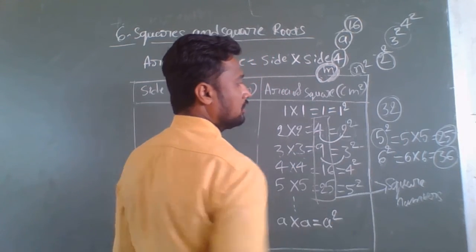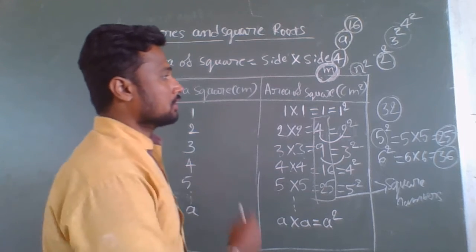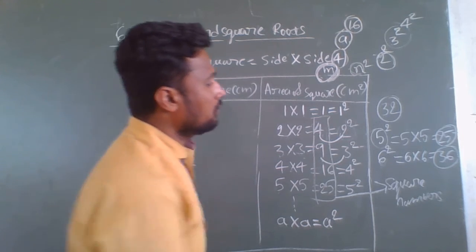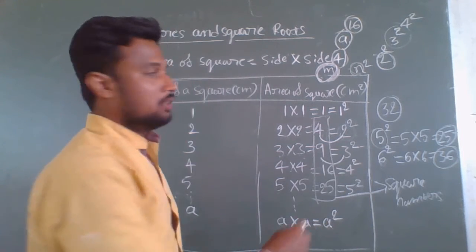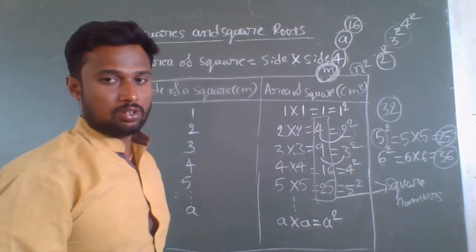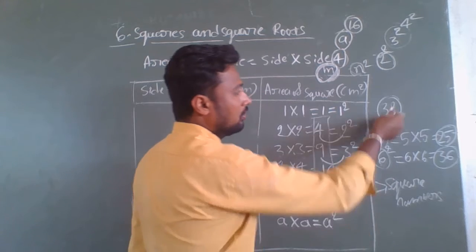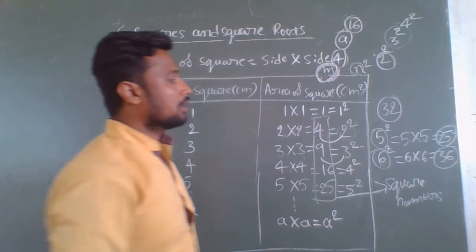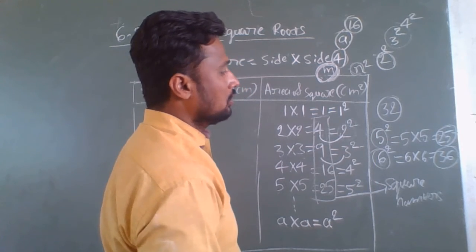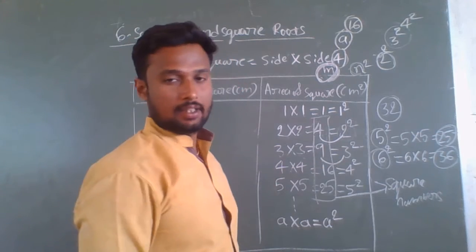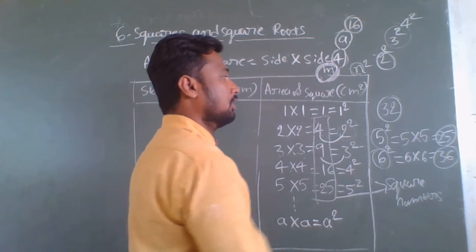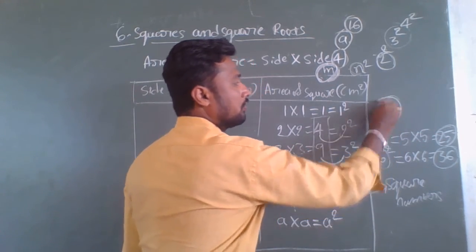Therefore 5 is not the square root of 32, which means 32 is not a square number. Like that, 6 is also not the square root of 32, because 6 into 6 you get 36. 36 is a square number but 32 is not a square number.